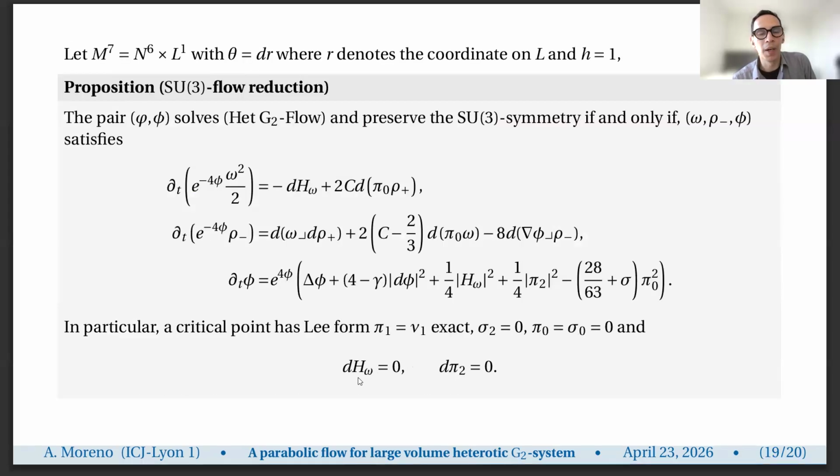Now, doing the same thing, you can write the flow equations. What you get for the flow equation for the SU3 structure when you run the heterotic G2 flow for this S1 invariant G2 structure is this coupled system of equations, which is also very general.